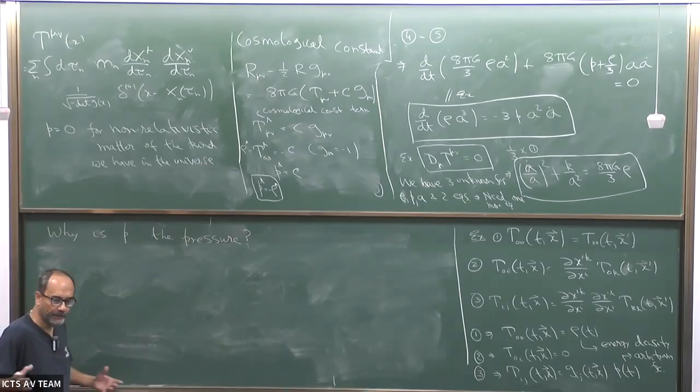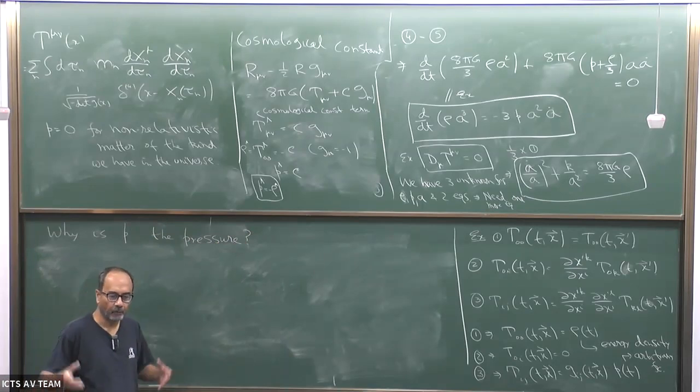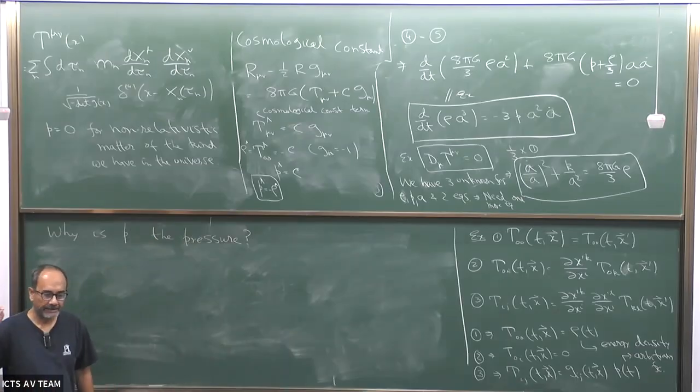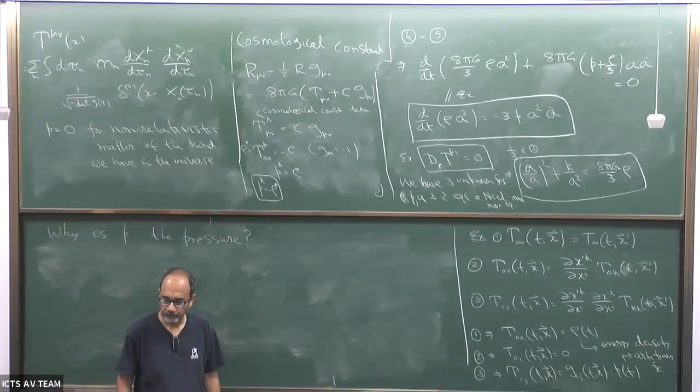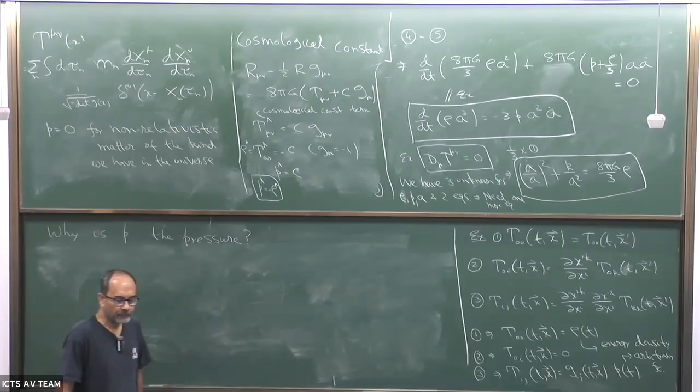The particles could be non-relativistic matter or photons; we don't care what it is. You are trying to calculate the pressure. We have information about the T mu nu, and you want to see how from T mu nu we can extract the pressure. Is this problem clear?